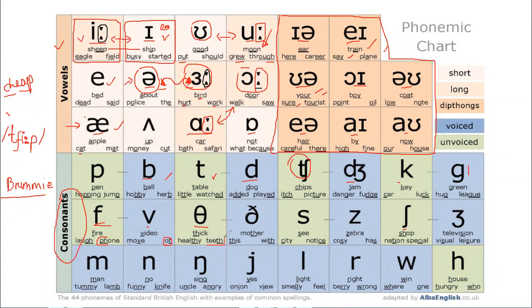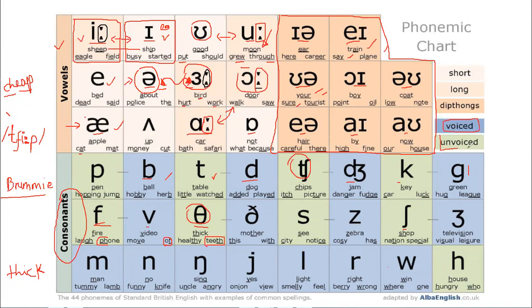Tal como dice la palabra, la lengua va entre los dientes para poder hacer el sonido. Like in thick, thank you. Thick. Sí, perfecto. Ahora cuidado que cuando hay TH se pronuncia de dos formas. Este es el sonido sin voz o unvoiced. Voice son los sonidos que vibran en las cuerdas vocales.